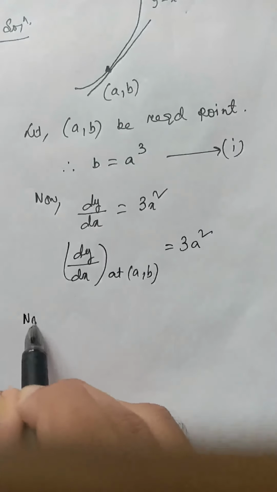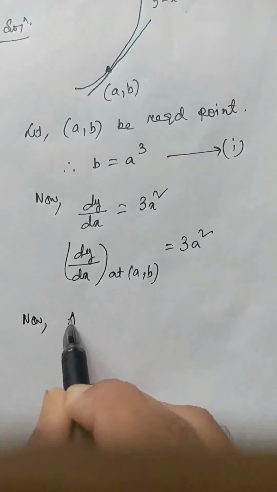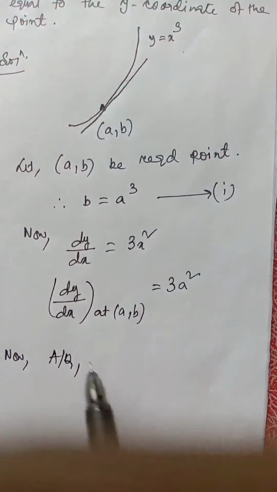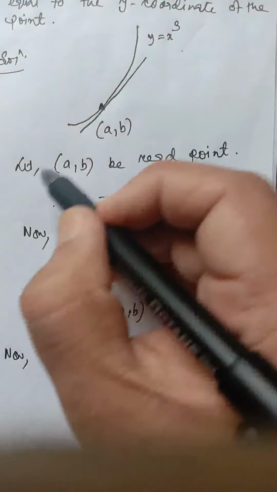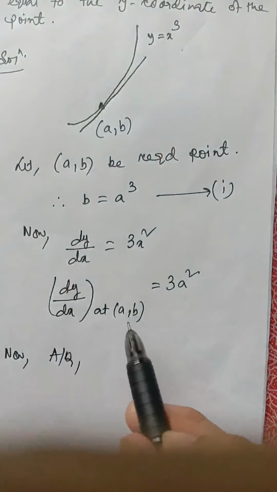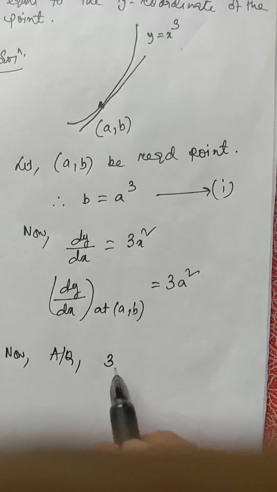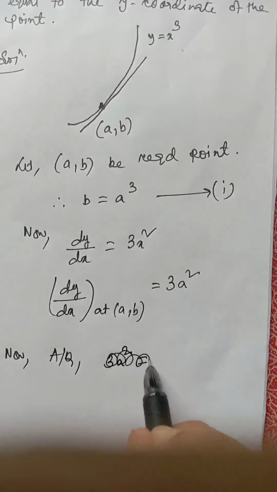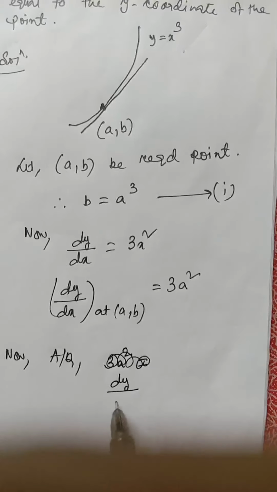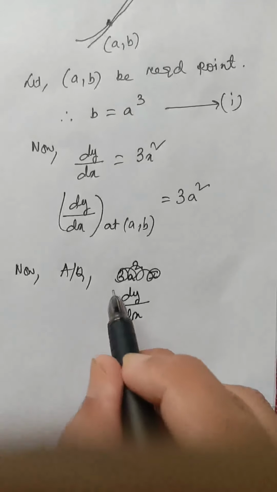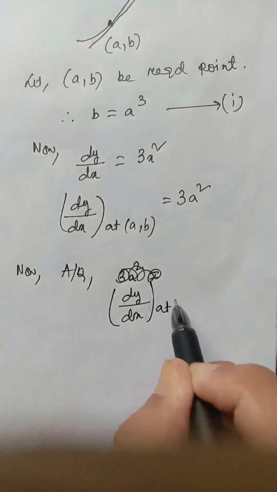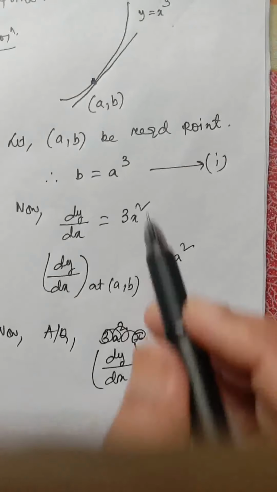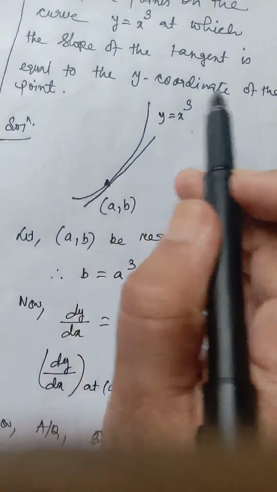Now, according to the question, the slope of this tangent, which is dy by dx at (a, b), is equal to the y coordinate of the point.